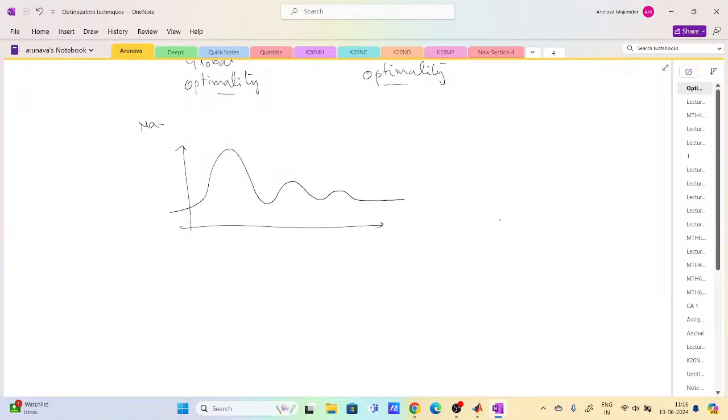Let us suppose the problem is maximization. Maximization problem means finding out the peak of this mountain.